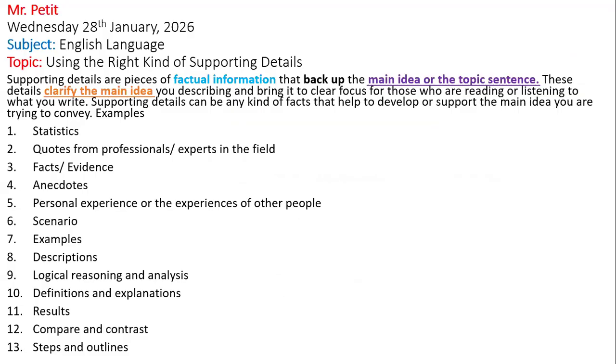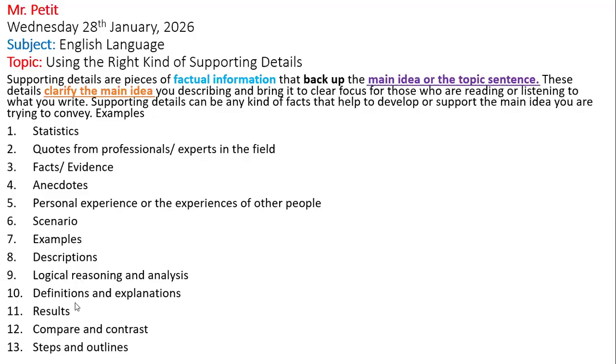So what are some supporting details that you know we could use when writing? Examples. Examples is a good one. Anecdotes? Yes. What else? Facts and evidence. Facts and evidence. What else? Results, scenarios.